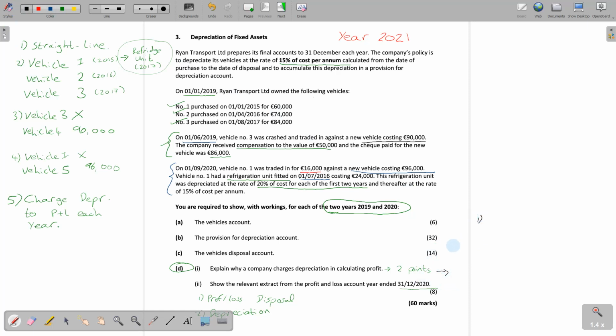The first point we want to say is, depreciation is charged to write off the cost of a fixed asset over its, and this is the important word, useful economic lifetime.